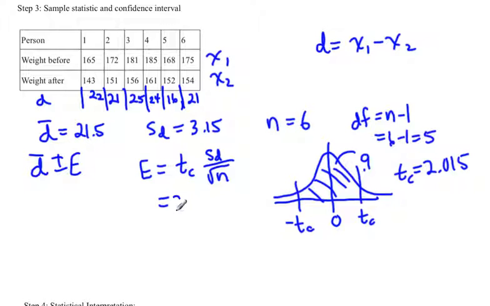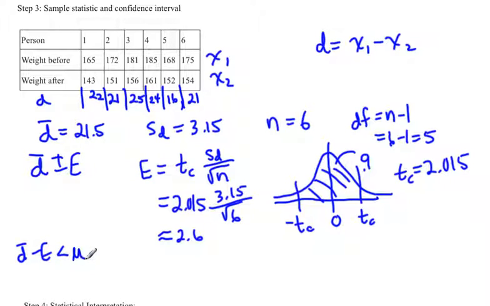So now we can calculate E, 2.015 times 3.15 over the square root of 6. And E comes out to be approximately 2.6. So we're going to actually do d bar minus E is less than mu sub d, less than d bar plus E. Mu sub d, again, is that mean difference we're trying to find. In this case, that represents the weight loss.